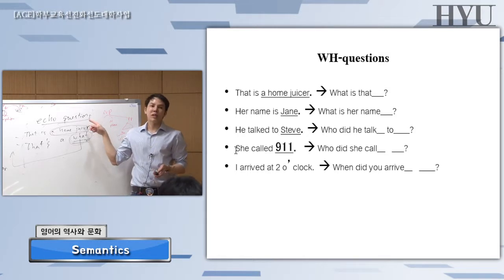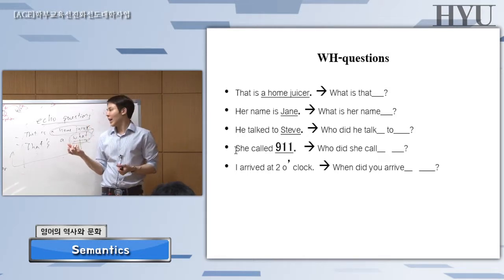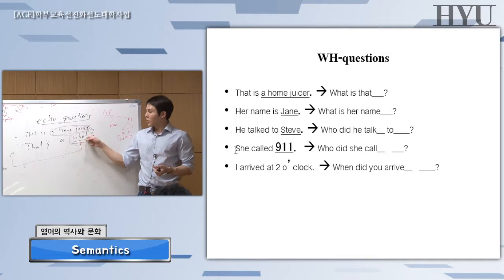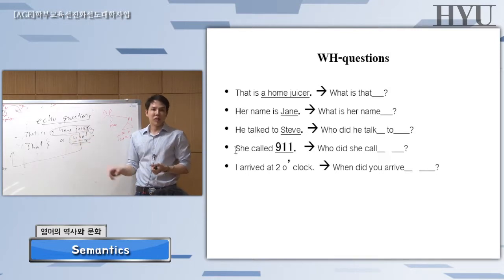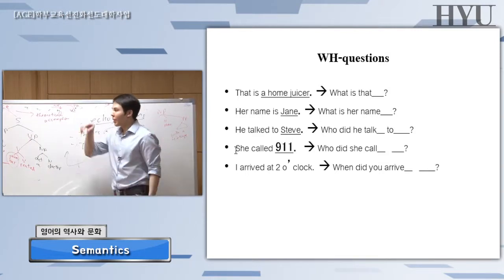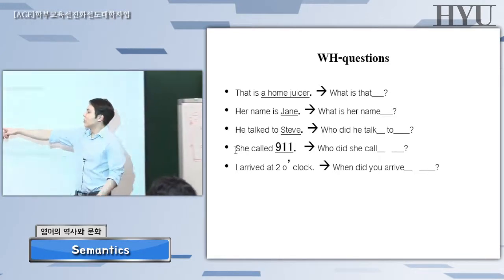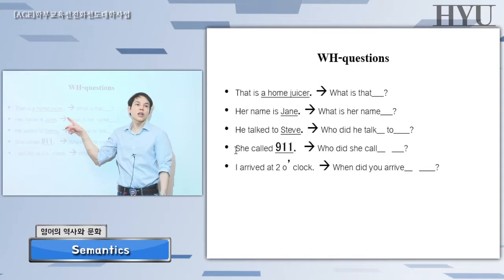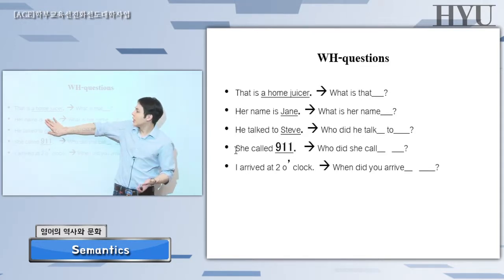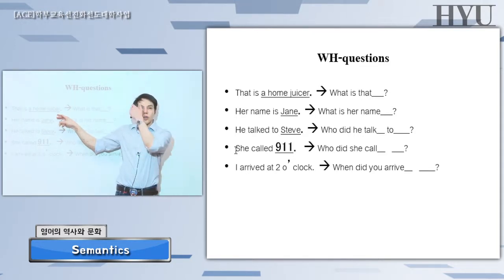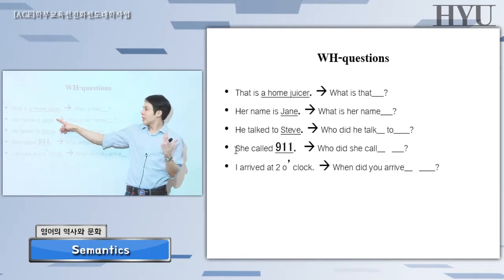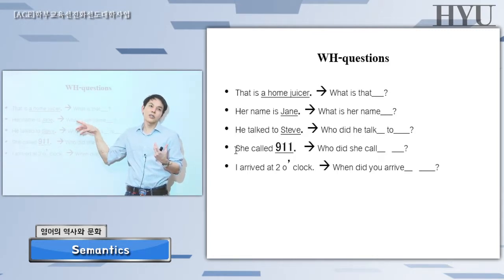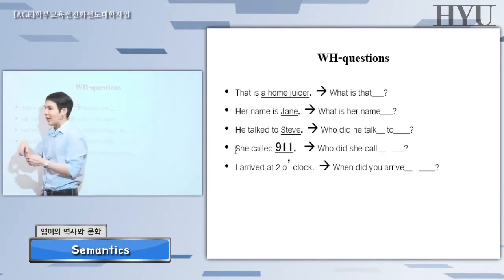So echo questions serve as one piece of evidence that there is the WH word that moves, right? Like the second one also, "Her name is Jane." "Her name is what?" So an echo question. Then the final step, "What is her name?" So what has to move from the original position, right?